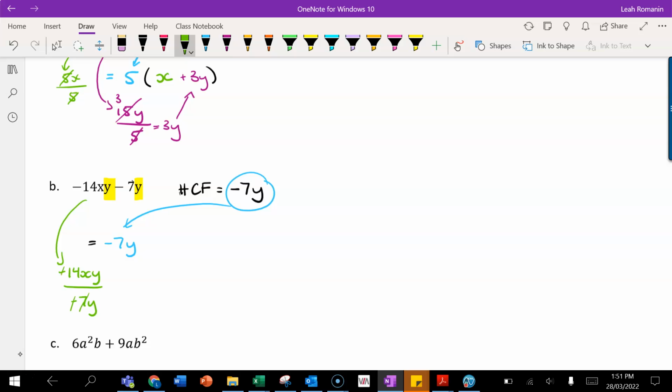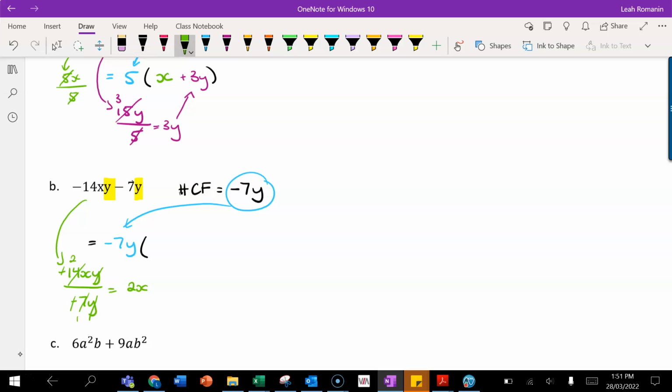The 7 on the bottom, the 14 is going to be a 2, because 7 goes into 7 once and 7 goes into 14 twice. And then my y's are going to cancel out, one on the top and one on the bottom. So you can see here that I'm going to have 2x left over because I've got nothing left on the bottom. I've just got that 2x left on top. And it's now positive because remember my two negatives cancelled out.